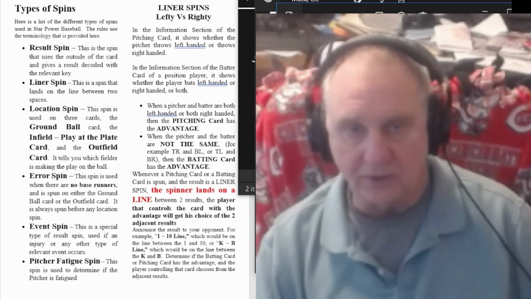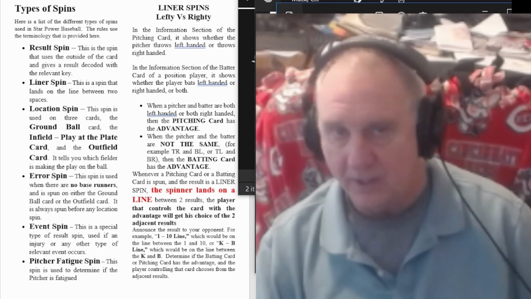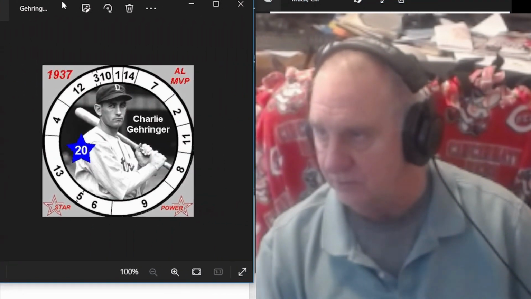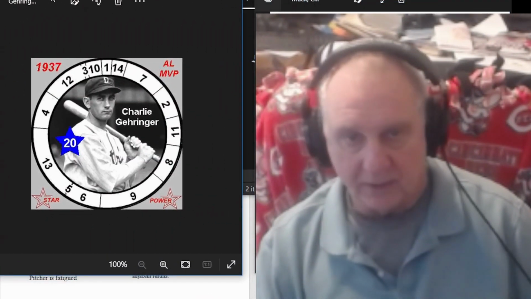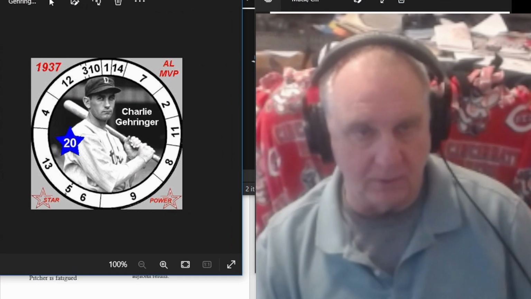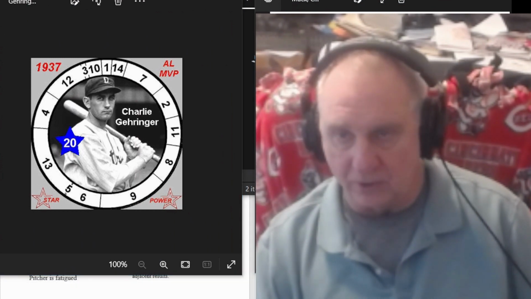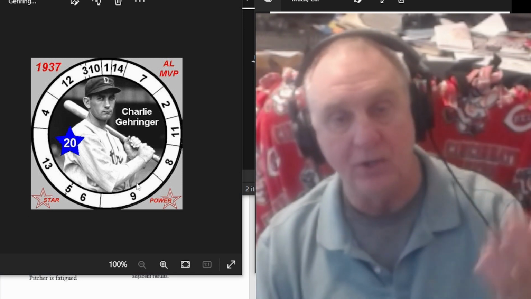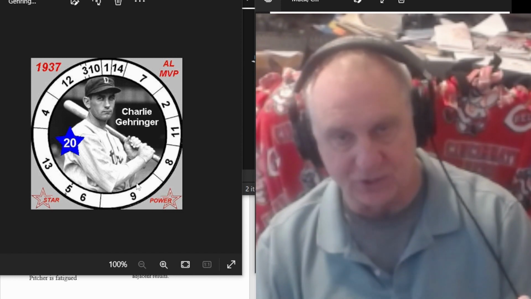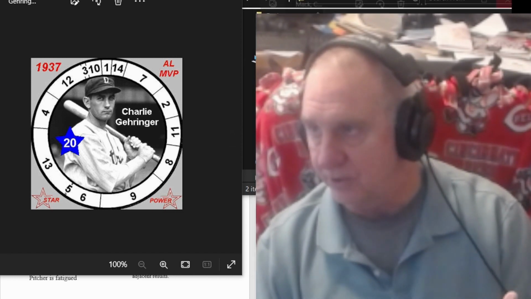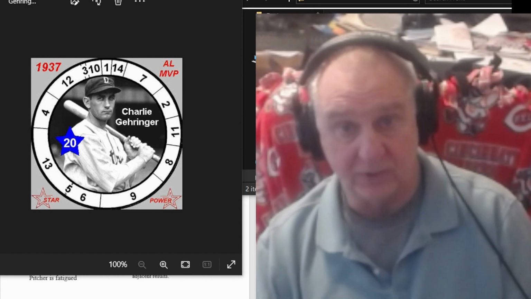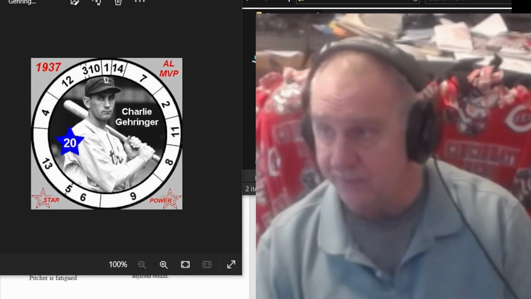Look at the outside of the Charlie Gehringer card. This outer circle with the numbers on it, that is where you will find the result spin. That's where you're going to find the results. Pretty simple.